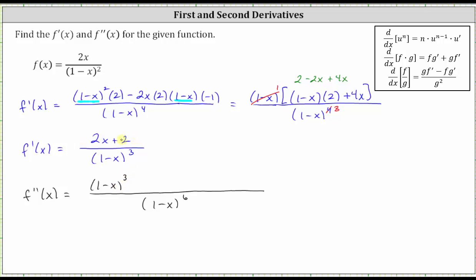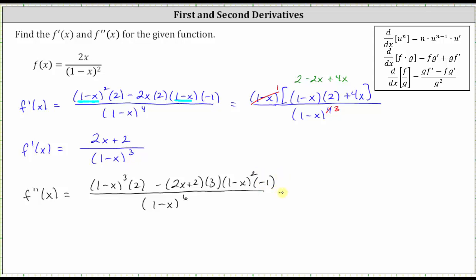The derivative of 2x plus 2 is 2, and then we have minus the numerator of the quantity 2x plus 2 times the derivative of the denominator, which is going to be 3, times the quantity 1 minus x squared times the derivative of 1 minus x, which is negative 1.